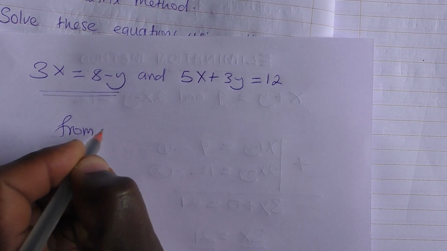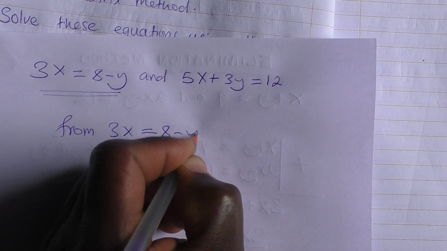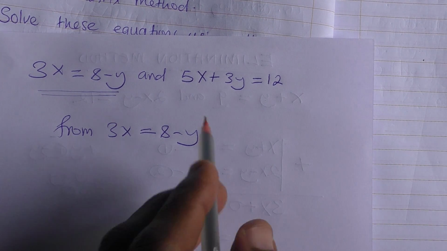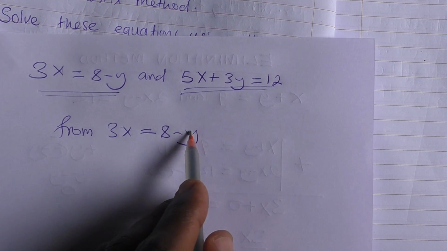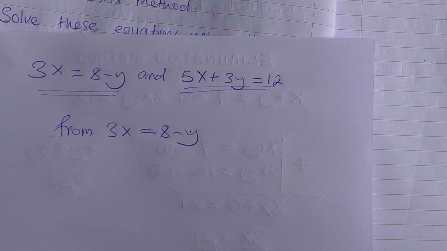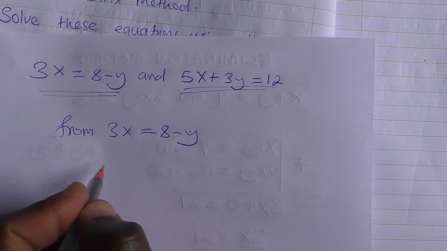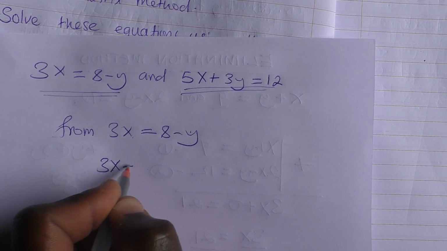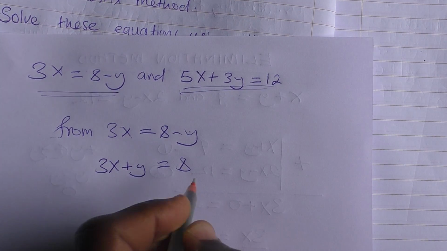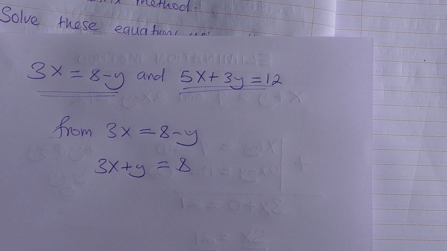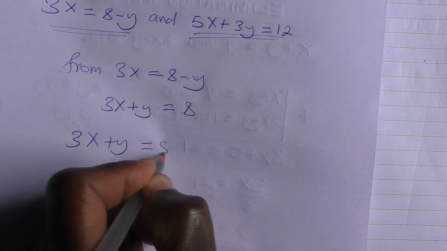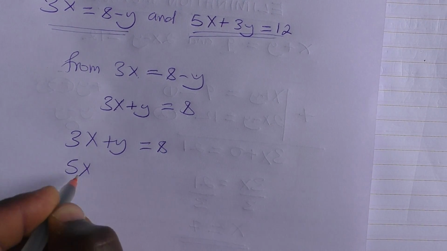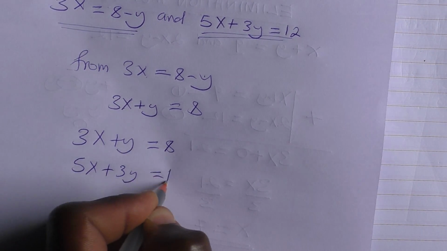So we shall say from 3x equaling 8 minus y, it must appear like the second. Hence, I'm taking y to the other side, so that I get 3x plus y equals 8. So I'll have 3x plus y equals 8 and 5x plus 3y equals 12.